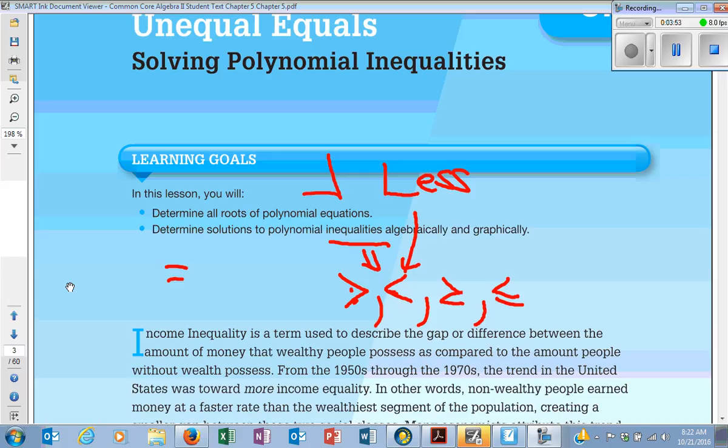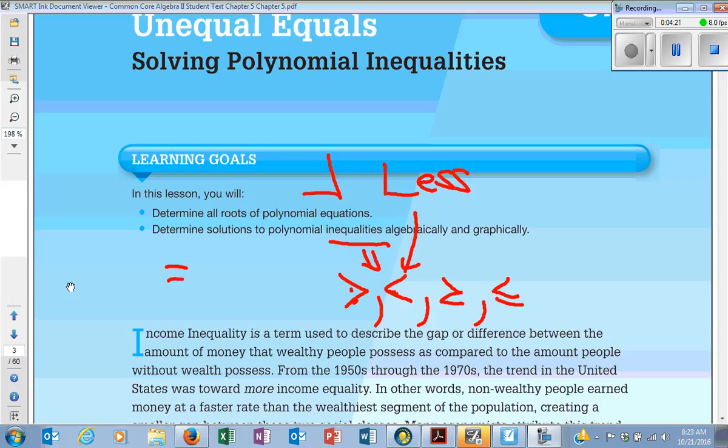When I do that, that weeds out thousands of other houses that don't fit my criteria, and now I can look for what I want. Have you seen that on Zillow where you can look for those kinds of things? That's that range that I'm going to be within. If I was talking about the x, then I would refer to it as a domain. Domain is what my x can be. Range is what my y can be.